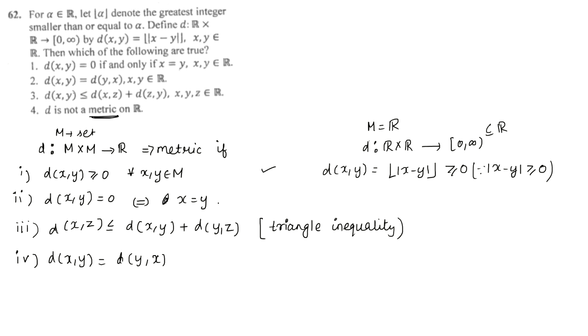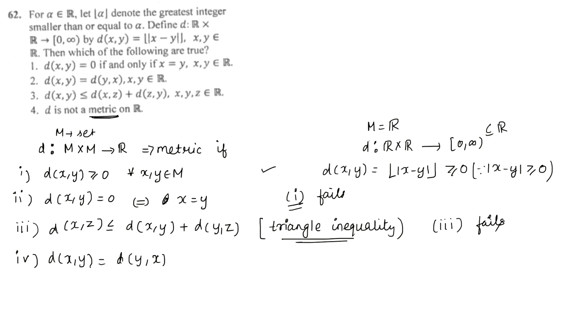But we saw that the second condition is not true in option number 1. So D is clearly not a metric. Also option 3 is saying that the triangle inequality should hold, but in option 3 we saw that this inequality is failing. So property number 3 is failing and property number 2 is also failing, and therefore D will not be a metric.